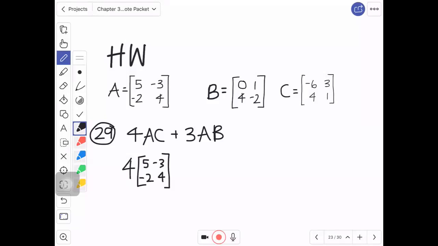And A is being multiplied by C. So we're just going to take that C matrix and multiply it by the A. And then for the second part of this, we have our scalar of 3. And then what two matrices are we going to plug in here?